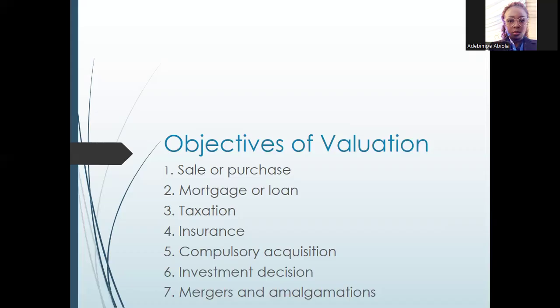Then another one is the compulsory acquisition. I think I mentioned this last two weeks in our physical class. So this has to do with compensation, in a situation where the government acquires a certain part, and it is being used for the public interest.